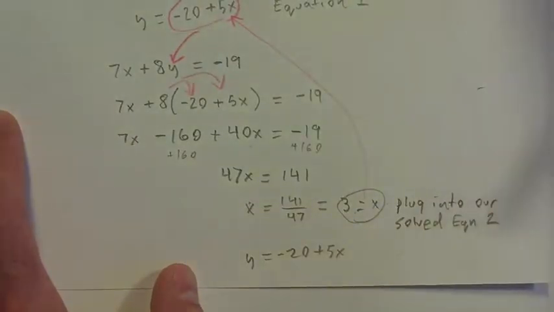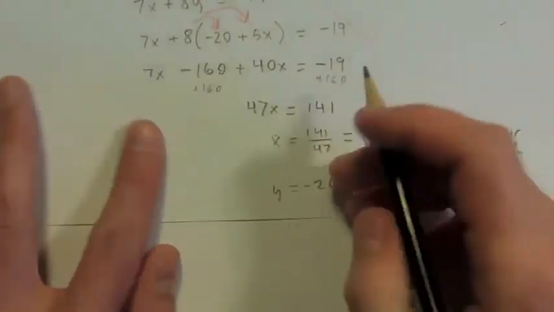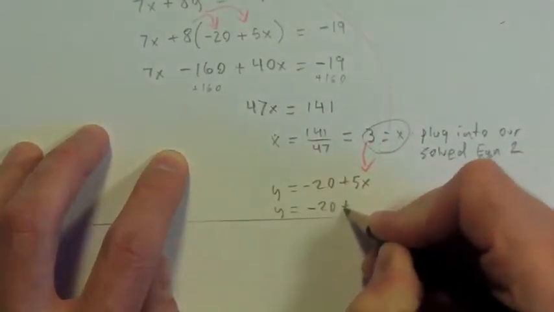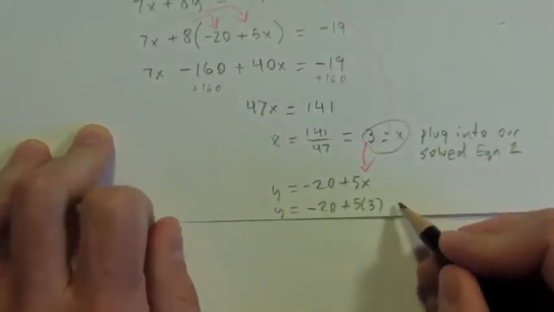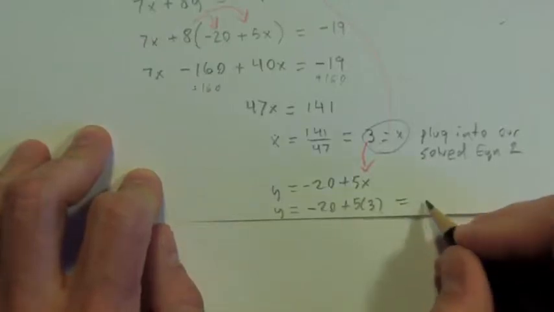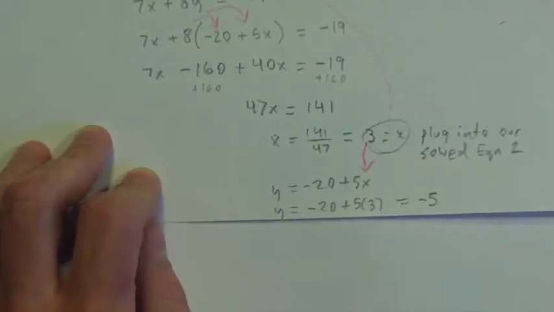So I'm going to plug that 3 in and get that y is equal to negative 20 plus 5 times 3. So what we end up with is negative 20 plus 15, or negative 5.